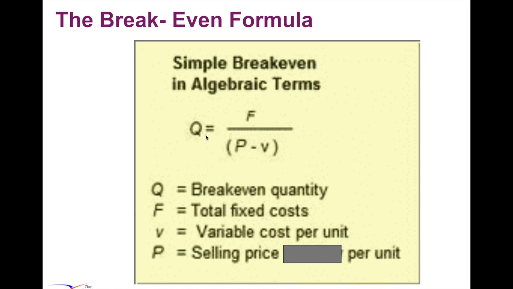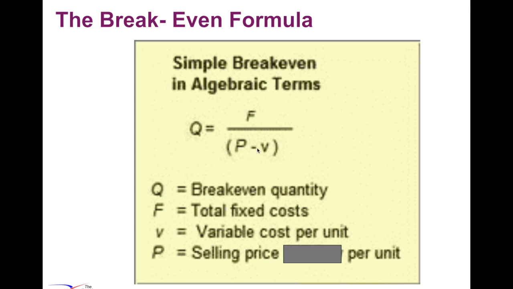So, break-even quantity is equal to total fixed costs divided by price minus variable cost. This is in brackets because we're actually dividing fixed costs by whatever the difference between these two is. Now, an important relationship to know is price is whatever you decide.